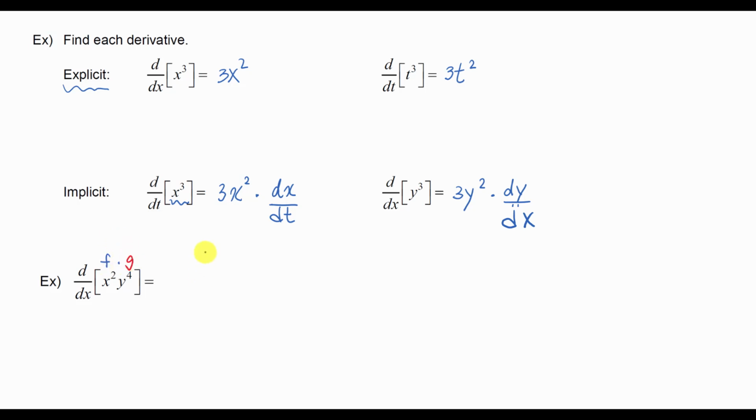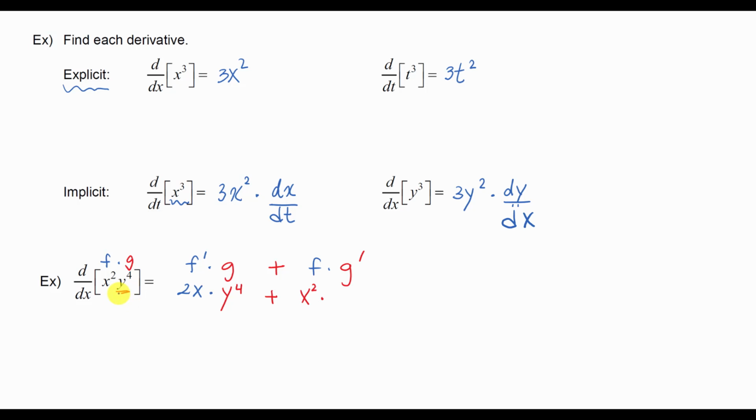When you take the derivative, of course, you want to do f prime times g plus f times g prime. Then f prime, because x squared is explicit, the derivative is just 2x times g, we just copy y to the fourth, plus f, we just copy, f is x squared times g prime.